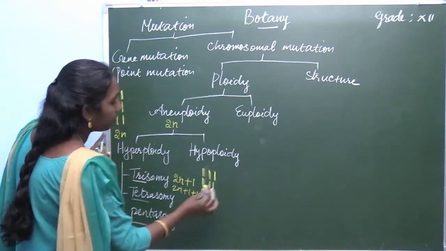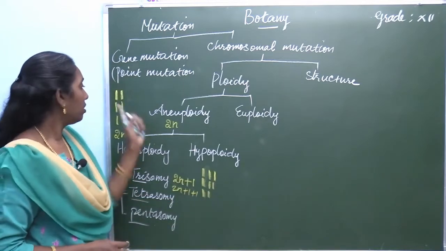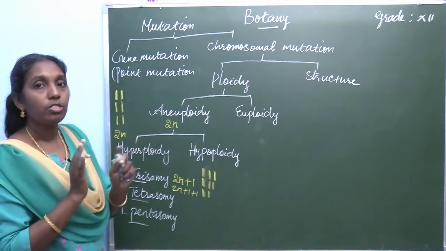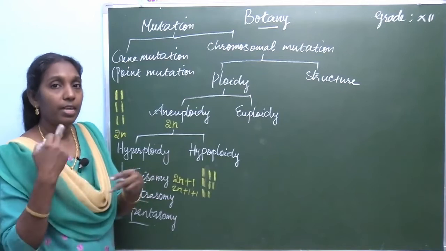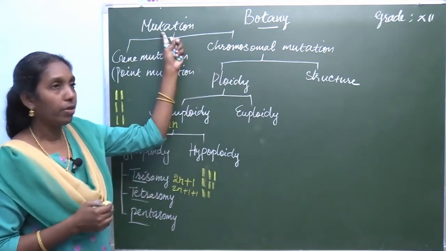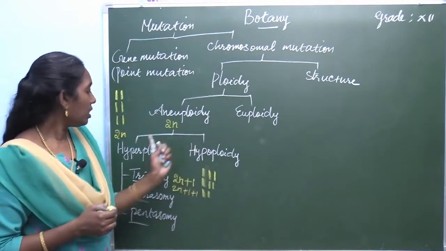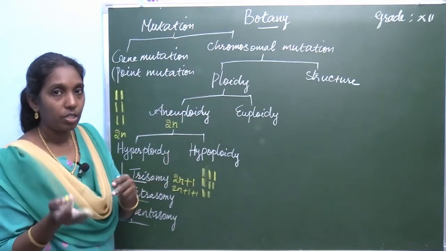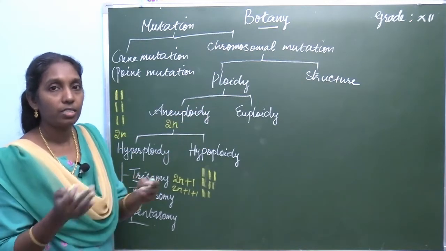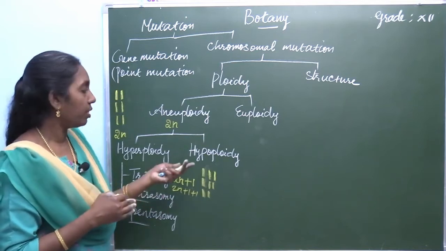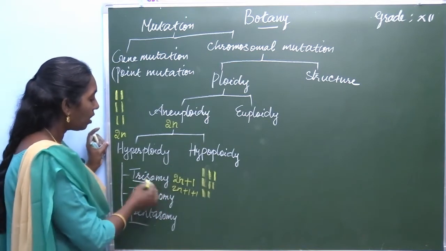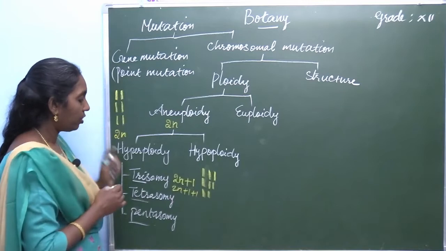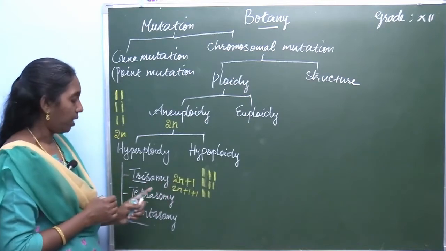One more is added. This is the normal, and the normal should not be changed. But if any changes take place, that's called mutation. So this mutation is ploidy based on the number, changes or variations within the number of chromosomes. So the condition is trisomy.